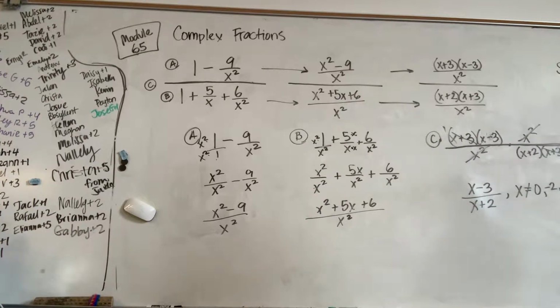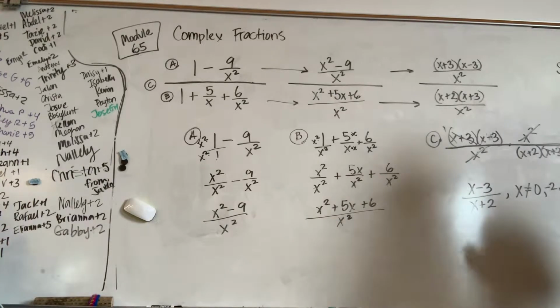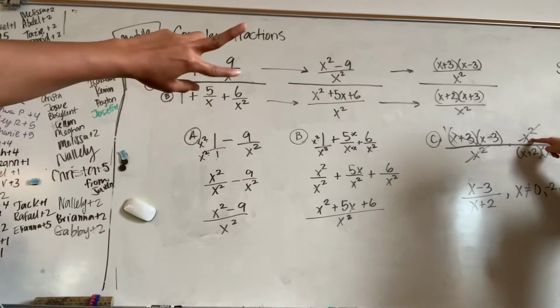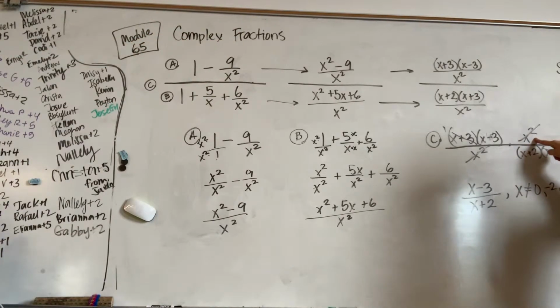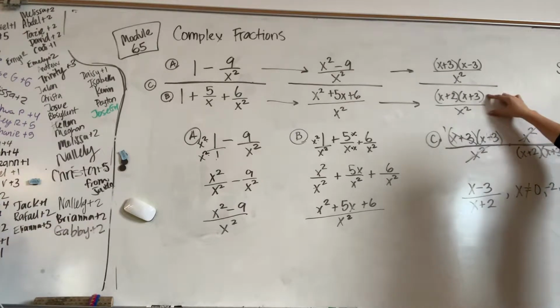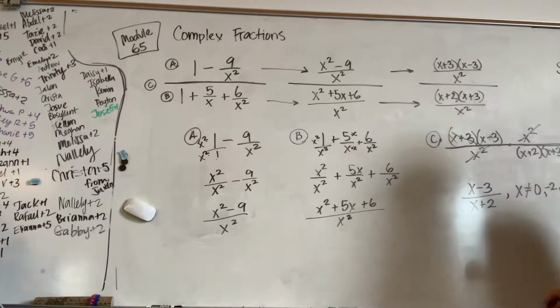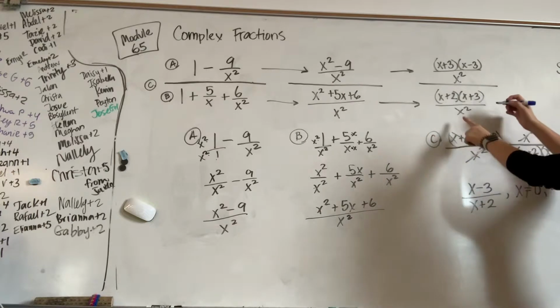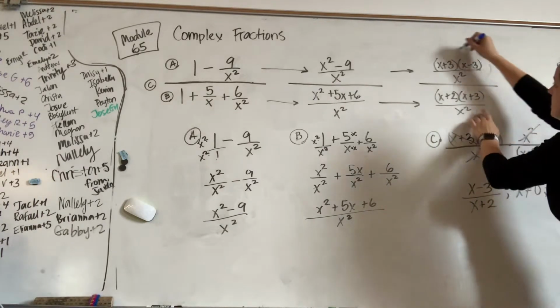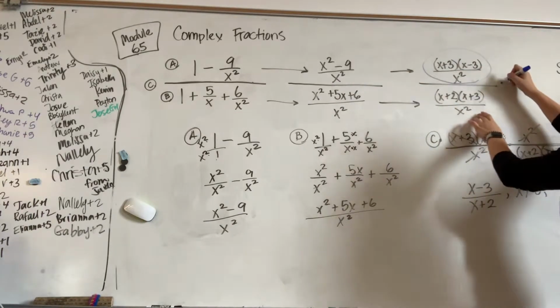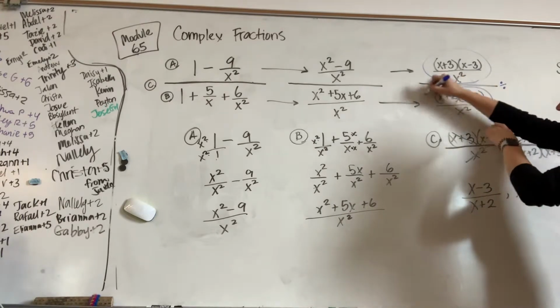How did the x get at the top? Good question. The bottom one, since you're dividing it, it's just in fraction form, so the top divided by the bottom. When you divide, you multiply, but you have to flip the second one, the reciprocal. The middle step was to take this divided by this.